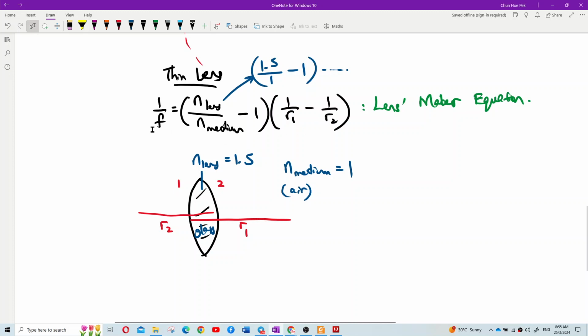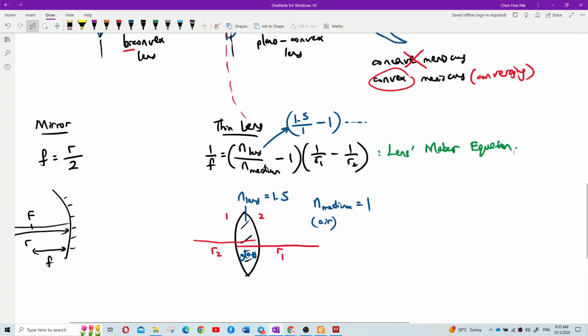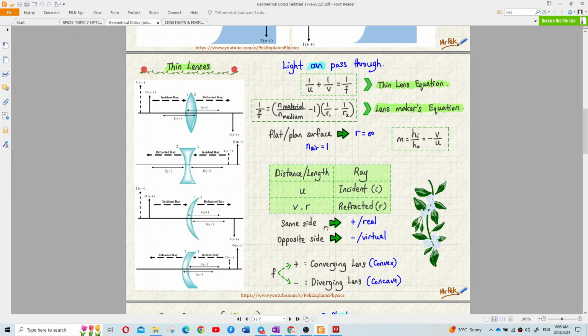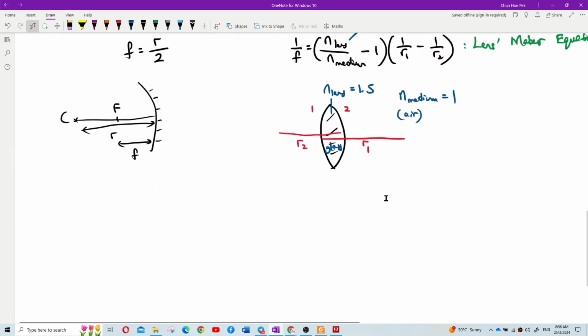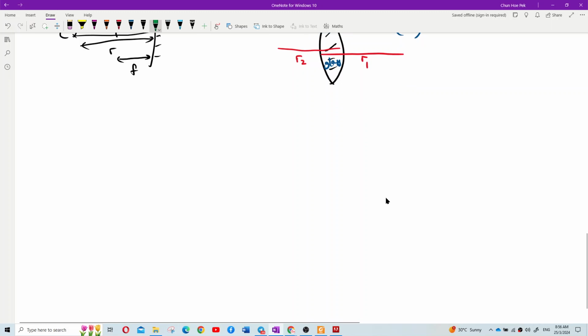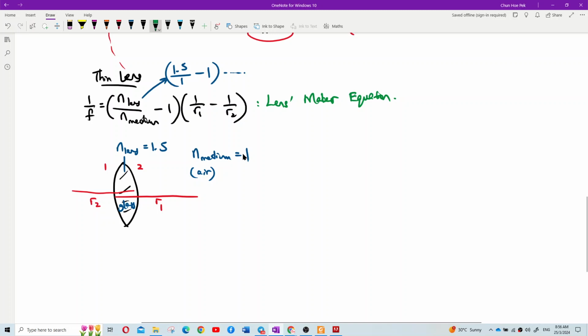Then only can you calculate the focal length of the lens. The Lensmaker makes the lens. But the important thing is to be careful with the sign convention, positive and negative. So for this, I will talk a little bit about thin lens, focusing on the Lensmaker equation first.